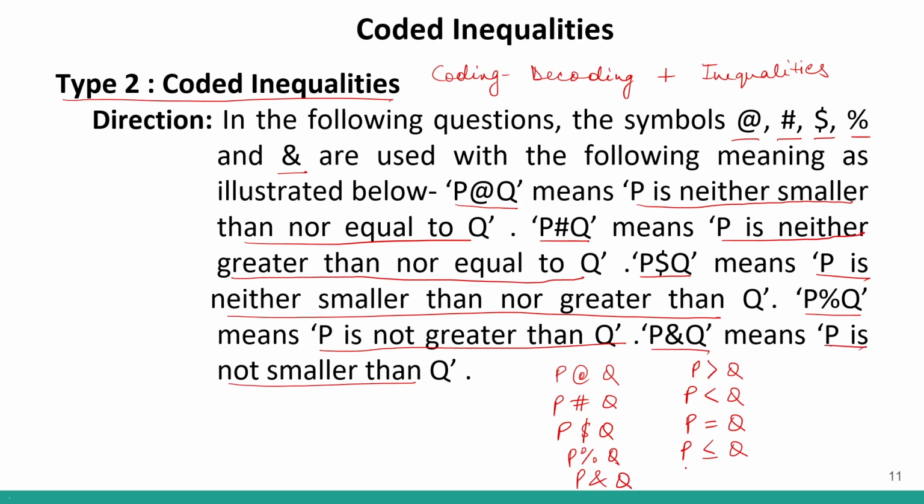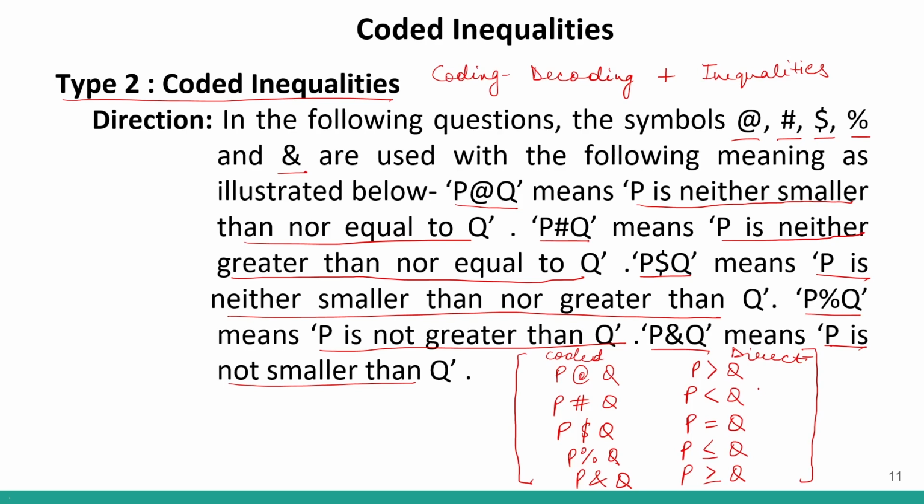So if it is not smaller, it could be greater or equal to q. So this is how we are coded. These are the coded inequalities and these are the direct inequalities. So from coded, we have converted them into direct inequalities, and based on that, we will get certain questions. So you can note this down somewhere for future questions, or I'm going to write them on each page.